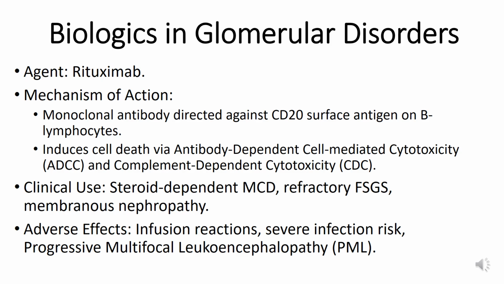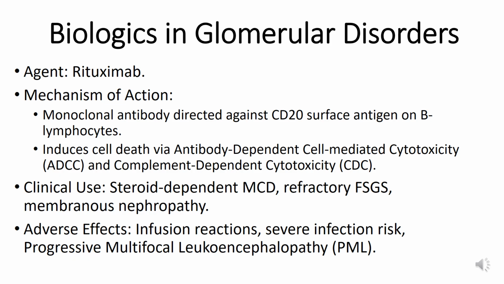Rituximab has become an important treatment option in several kidney disorders. One common use is steroid-dependent minimal change disease. Some patients relapse whenever corticosteroids are reduced. Rituximab may help maintain remission and reduce steroid exposure.